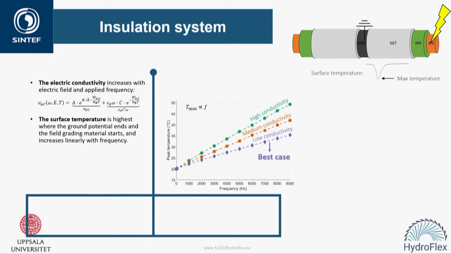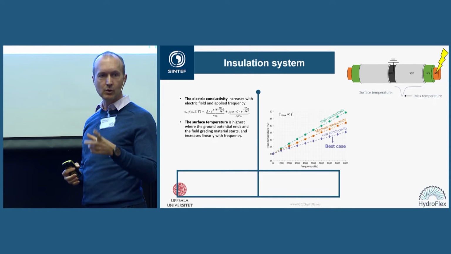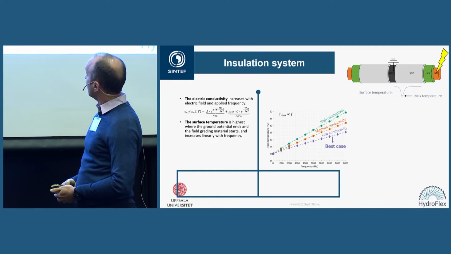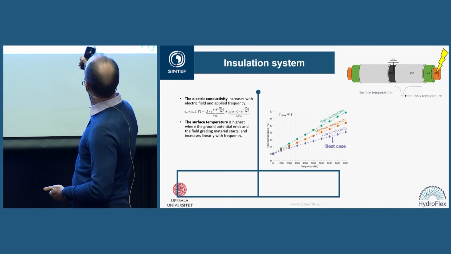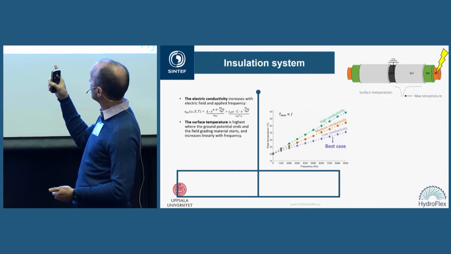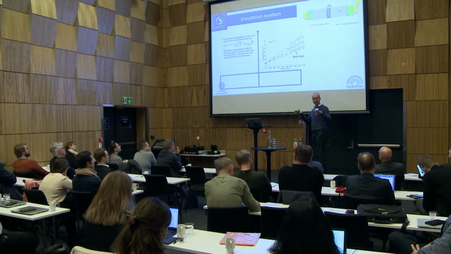So if you look at the surface temperature when you have this stress grading tape, on the bottom x-axis you see frequency. Normally we work with 50 Hertz frequency, the grid frequency. But for a converter, the converter will switch at maybe kilohertz, maybe several kilohertz. That's why you have the frequency range here on the bottom axis. And then we changed the conductivity of this stress grading tape, the SGT, which is indicated there. You can see that if you have low conductivity, the blue one, then you get the lowest temperature. That seems very good, because with low temperature the insulation doesn't degrade so quickly.